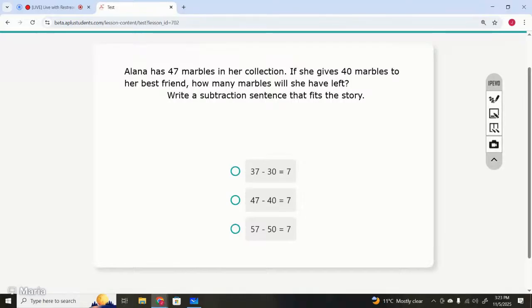Alana has 47 marbles in her collection. If she gives 40 marbles to her best friend, how many marbles will she have left? Write a subtraction sentence that fits the story. So, which is the correct option?